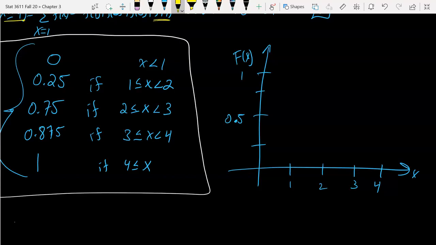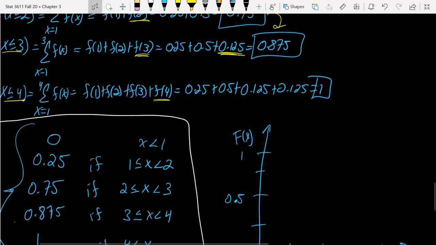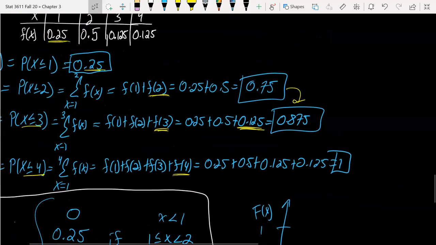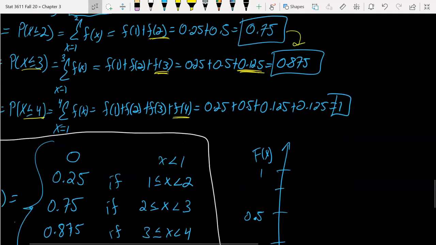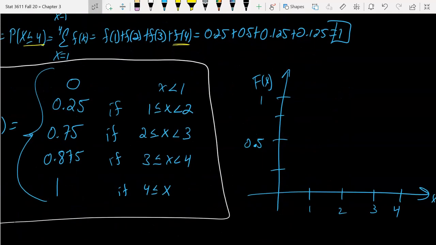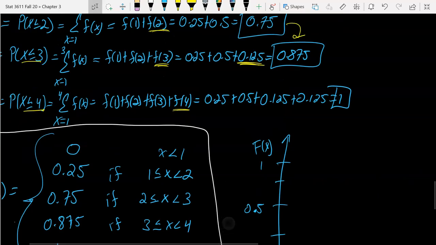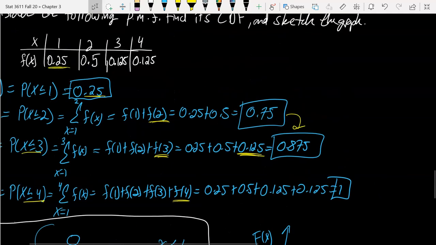All right, so let's take a look at this. I'm going to go through this graph actually in a different fashion. I can literally just plot what I have in my CDF on the left here directly. But I also want us to think about what the CDF is in regards to deriving it from the PMF, in the sense that if x is less than 1, there's no probability assigned to that based on the table here.